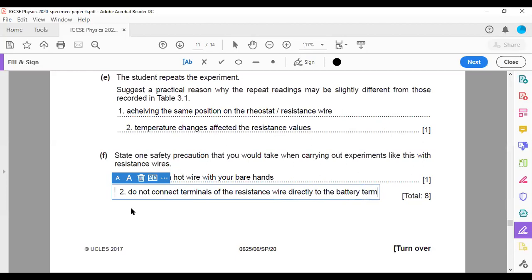What can happen is if you connect it directly, it could become hot and it could burn you. So two examples.